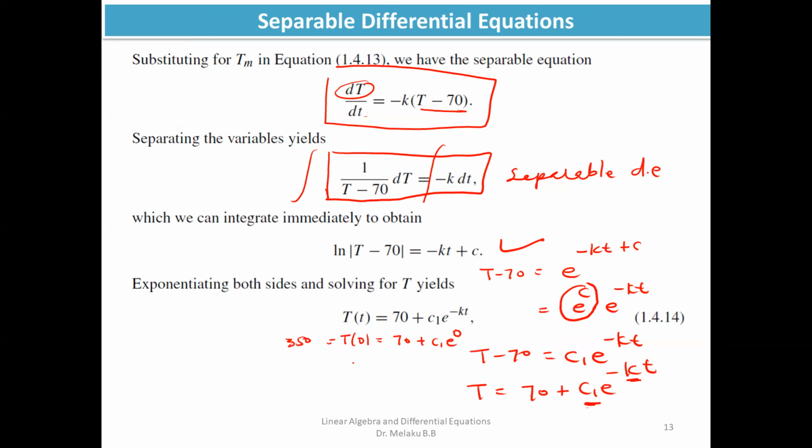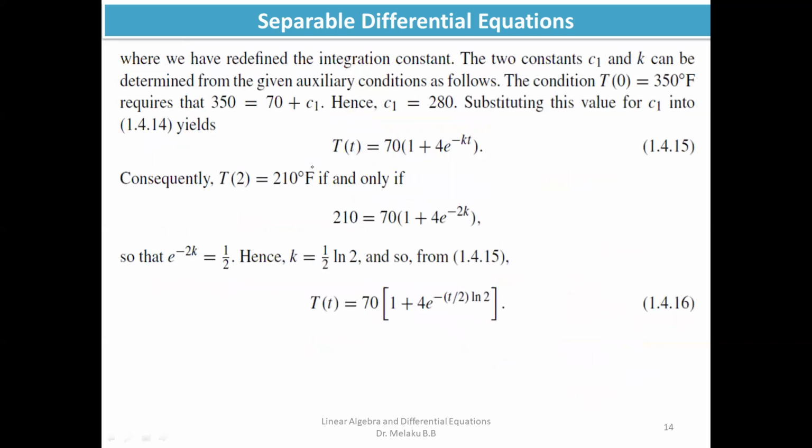So from this, we can say that C1 is 350 minus 70, that is 280. See? It is correct. So one constant is obtained.